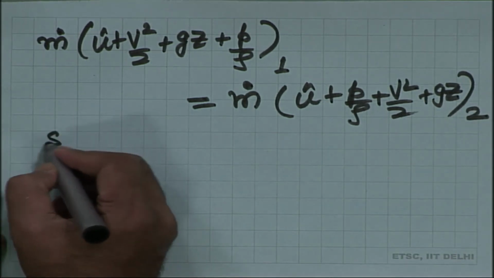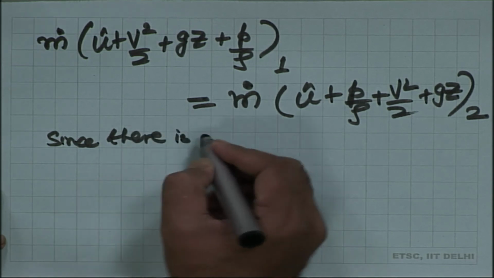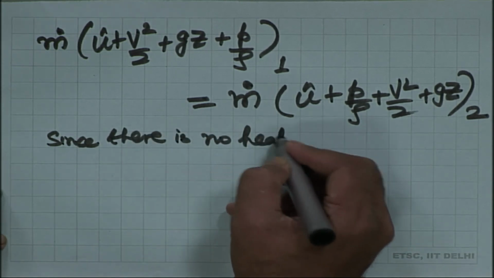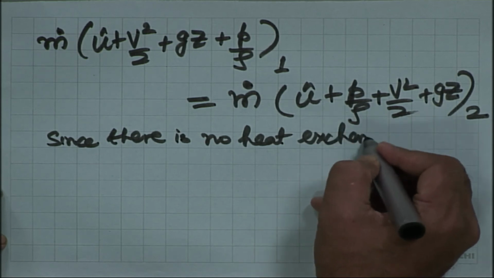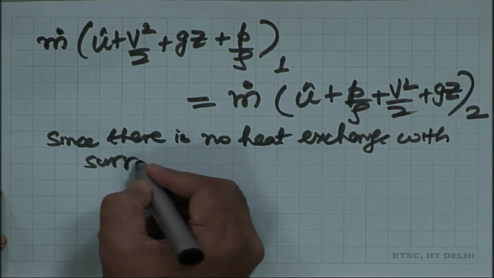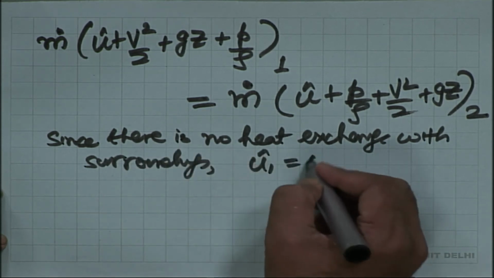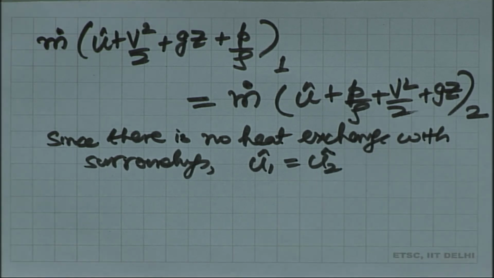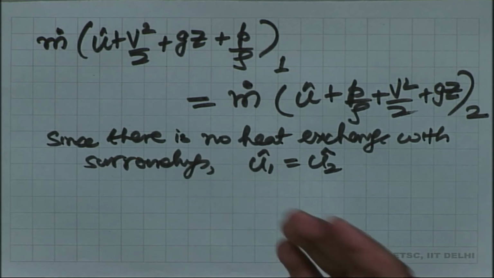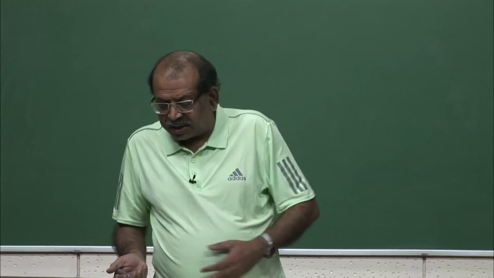And since there is no heat exchange with surroundings, the internal energy U1 is equal to U2; the internal energy does not change because that is a function of temperature and there is no heat exchange, so temperature does not change.